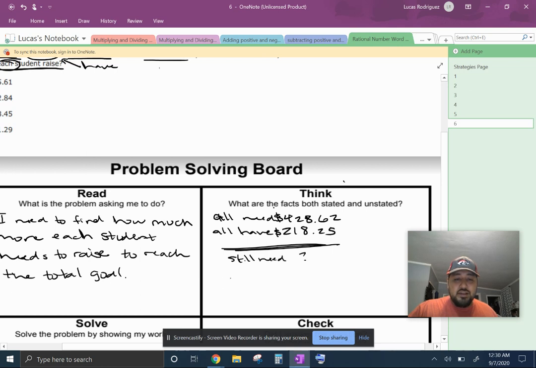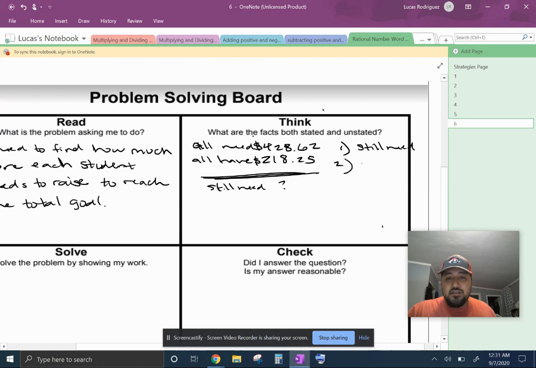So first thing I'm going to do is find the still need. And then the second thing I'm going to do, let me lift this up, is divide the still need by 17.